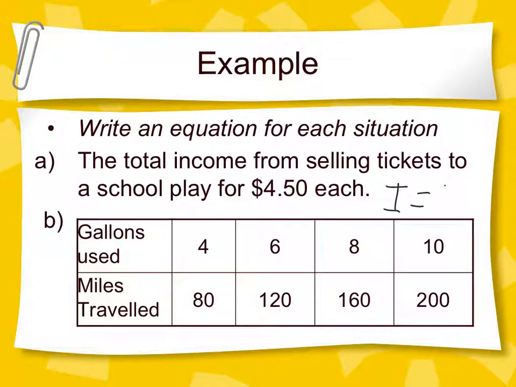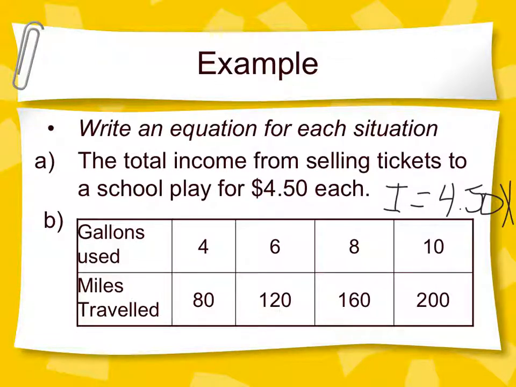Well, that income is going to be created by taking 450 and multiplying it by, I'm going to use an X for the number of tickets I sell, because T's aren't good in math. They tend to look like other numbers. So income I equals 450 times X. That's an equation. Notice how I have that equal sign in there.